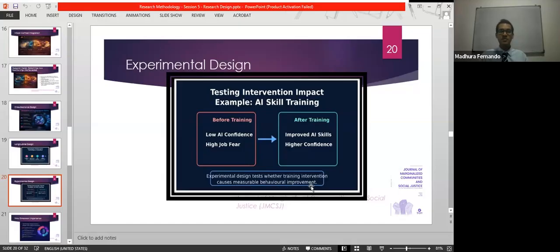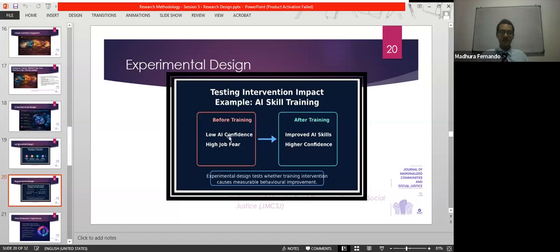Now, you need to have a control variable also in this case. If you have the control variables, you can change the behaviors, and measure the impact which has been applied on the AI confidence and job fear, right? You can experiment.